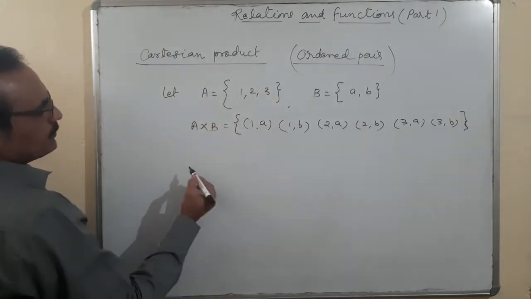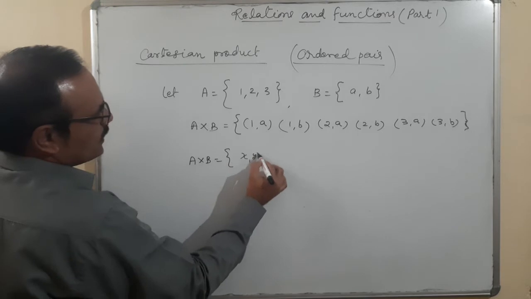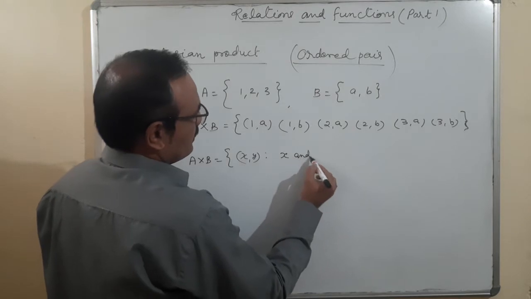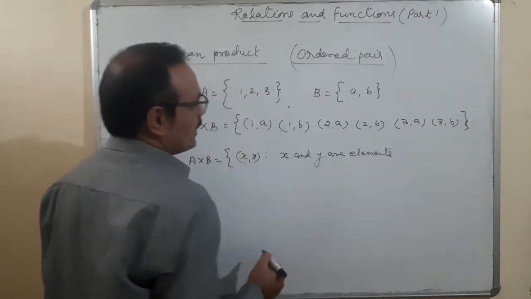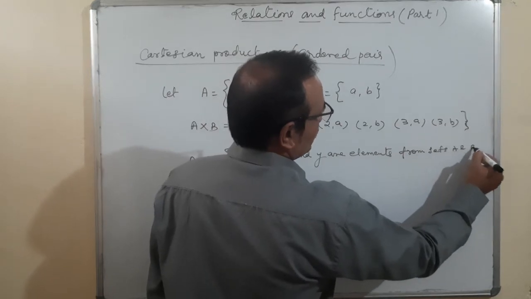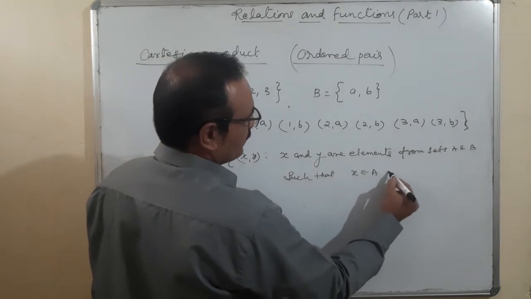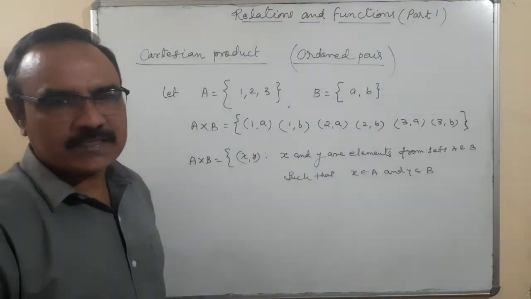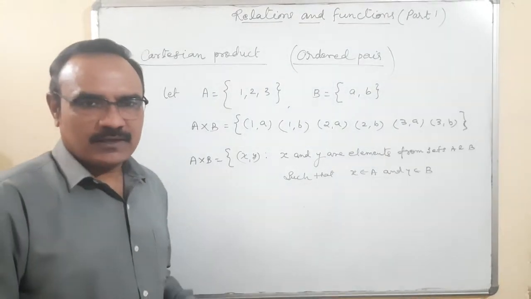The Cartesian product definition: A cross B is equal to the set of (x, y) such that x and y are elements from sets A and B, such that x belongs to A and y belongs to B. First element from the first set, second element from the second set. This is called the ordered pair A cross B. I hope it is clear.